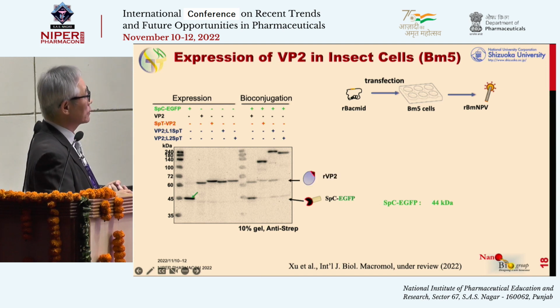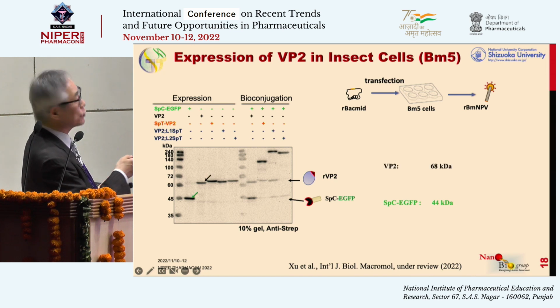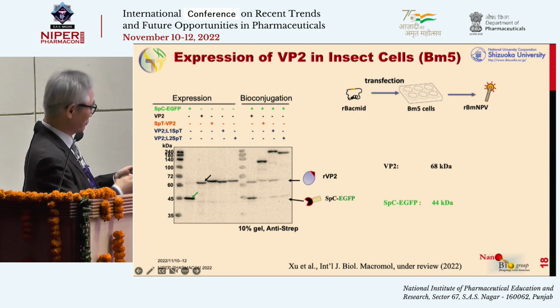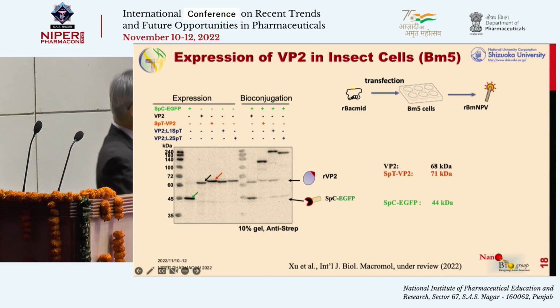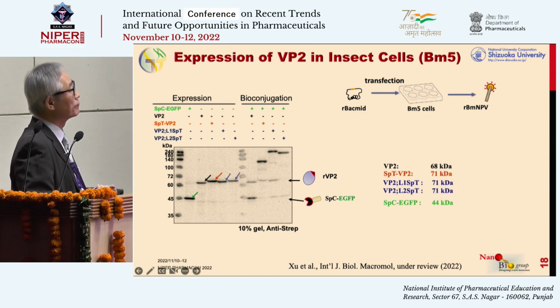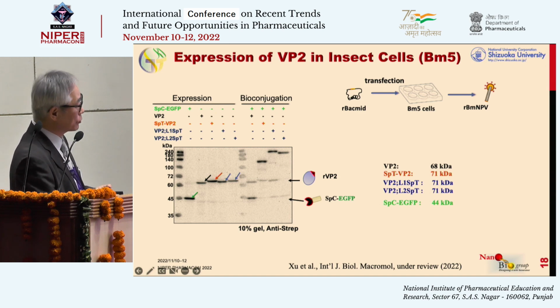And this one is only the VP2 protein. And the SpyTag fused VP2 proteins have a slightly increased molecular weight. Then the SpyTag fused at the loop 1 and loop 2 sites gives the same molecular weight.